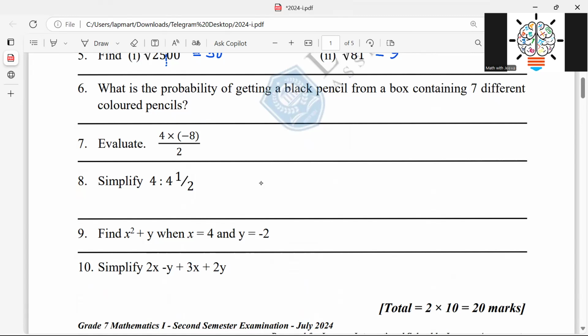Here, there is a small mistake in this question. They have not mentioned, out of those 7 different colors, whether we can find the black color one or not. So we don't know whether there are any black pencils here. If it is not there, the probability is 0.